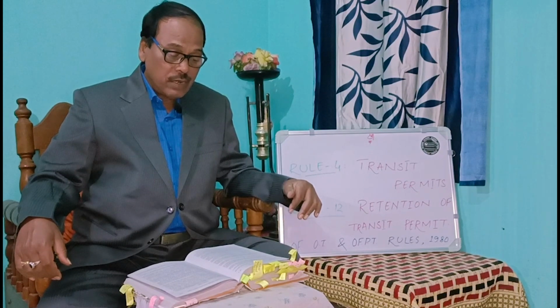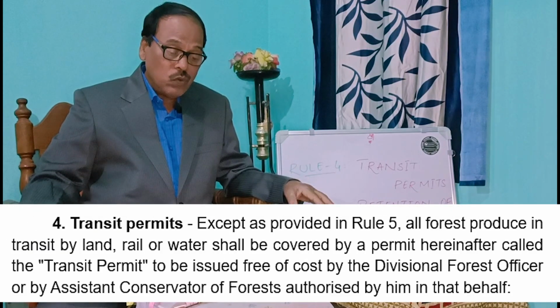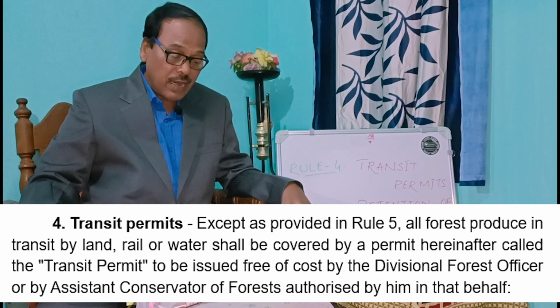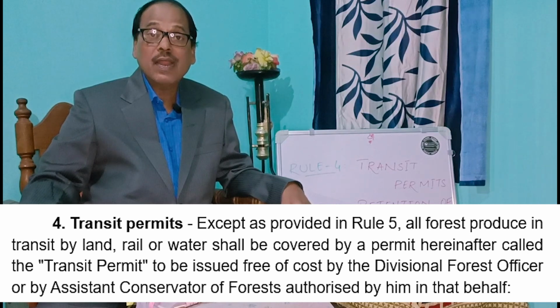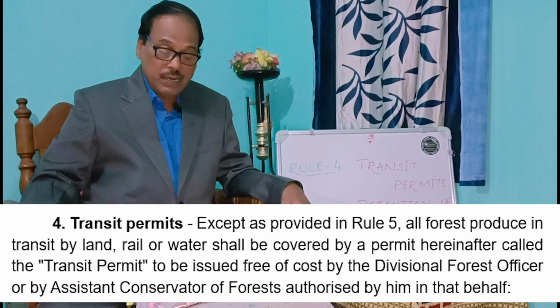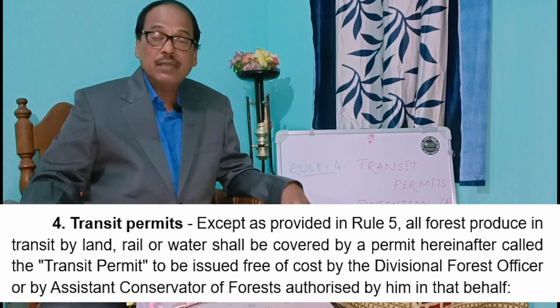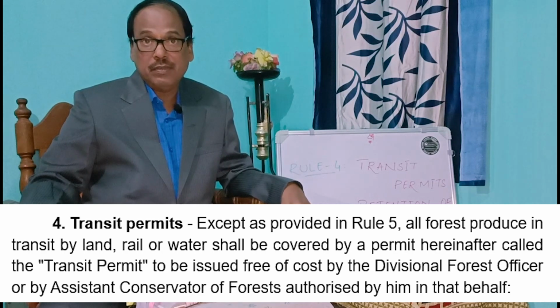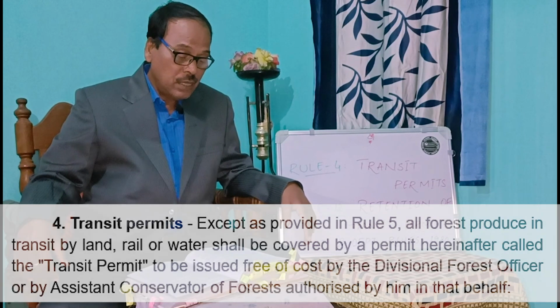Rule 4: except as provided in Rule 5, all forest produce in transit by land, rail or water shall be covered by a permit, hereinafter called the timber transit or transit permit, to be issued free of cost by the Divisional Forest Officer or the Assistant Conservator of Forest authorized by the Divisional Forest Officer.